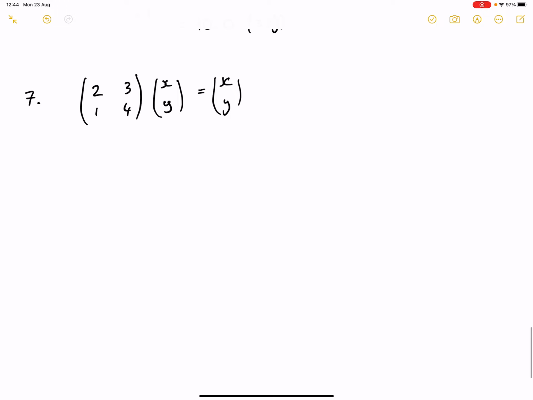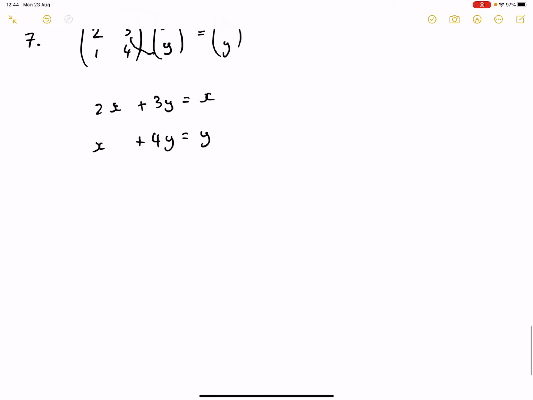So we're going to get that 2x plus 3y is equal to x. That's just matrix multiplication, so this one multiplies here and this one multiplies here. And x plus 4y is equal to y.